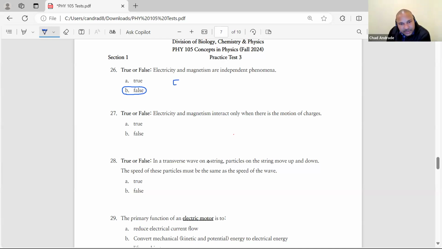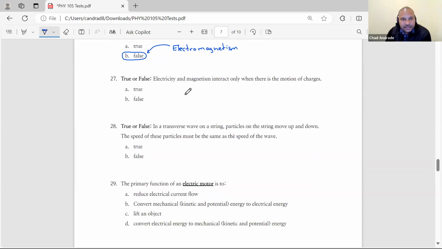And that word is electromagnetism. This would not be a word if these two things were independent, right? So electricity is something that you can study by itself. Magnetism is something that you can also study by itself, but the two things aren't independent. One affects the other, you know what I mean? So that would be false.